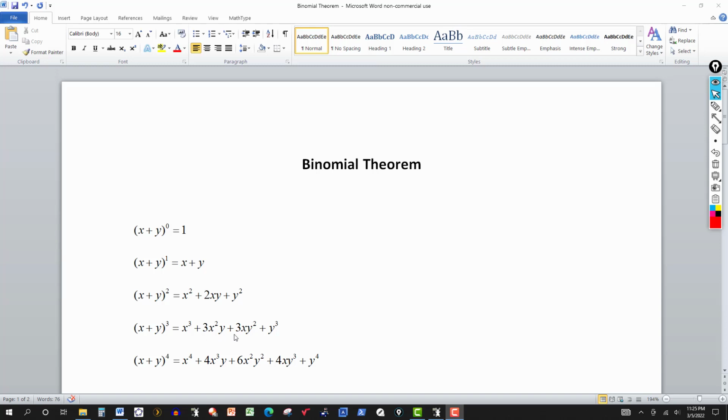It increases, and then it increases again, y to the second, and then y to the third. So the power of the first term, in this case x, decreases by 1 until it goes to 0. And the power on the y increases by 1 until it gets to whatever the power is in the binomial, in this case a 3.